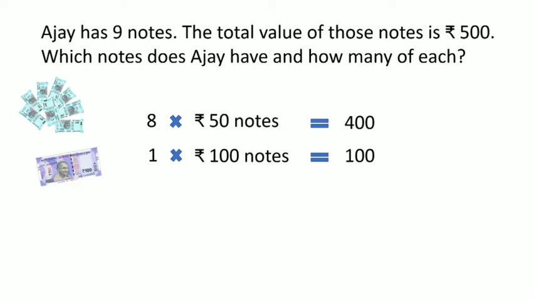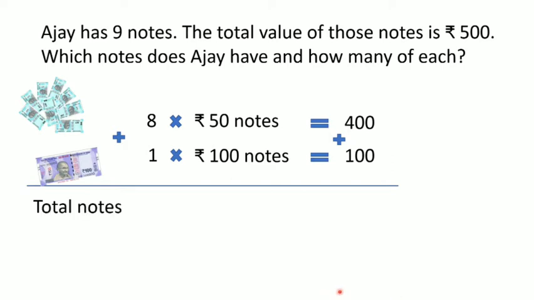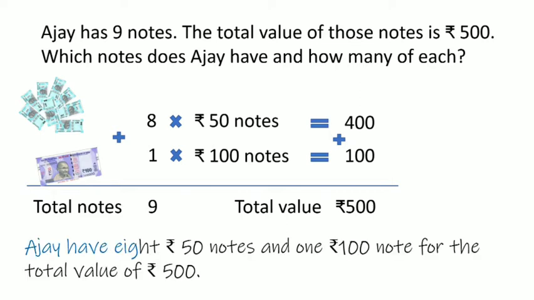If we add 400 plus 100 and 8 plus 1, we will get the total notes 9 and the total value 500 rupees. So we will write the statement: Ajay has 8 50 rupees notes and 1 100 rupees note for the total value of rupees 500.